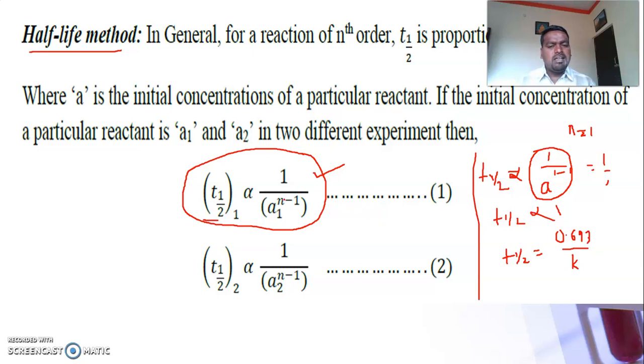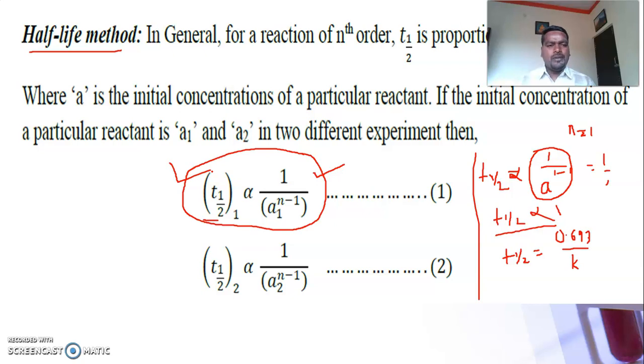Now if you apply n is equal to 1 to this equation, here also t half does not depend on the initial concentration. T half is proportional to a constant. So this proves that this is the general expression which is applicable to all the order reactions.